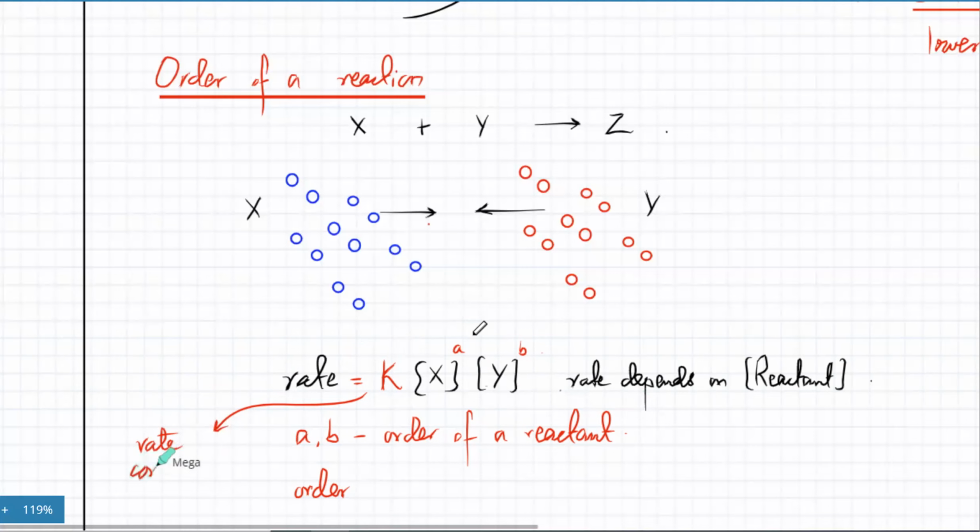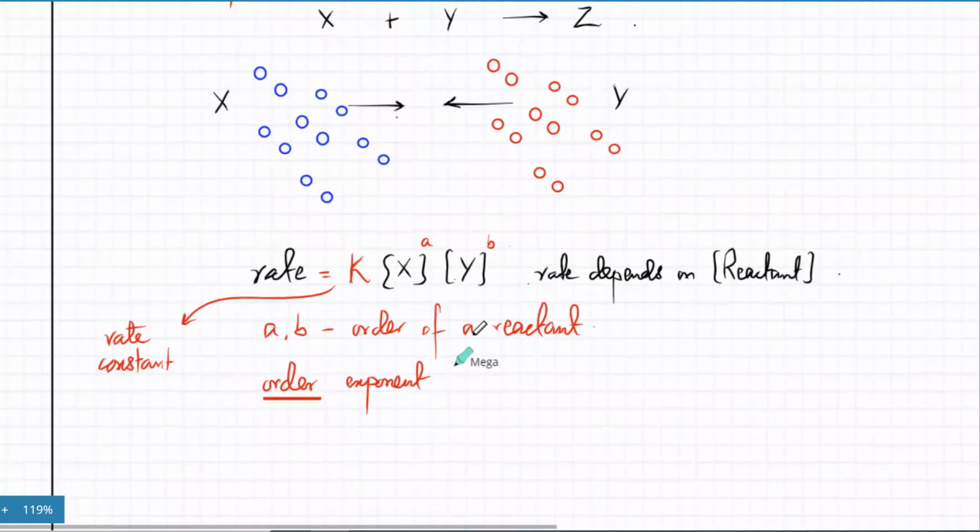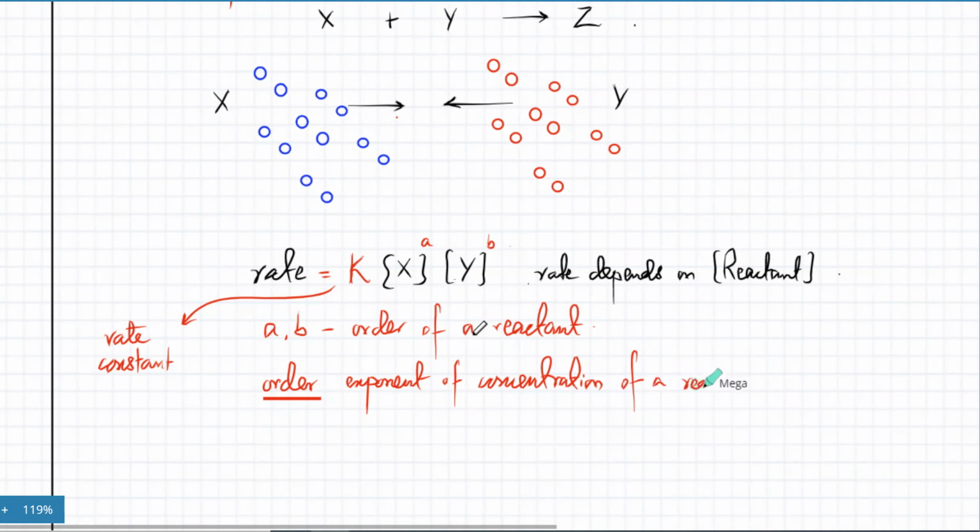This entire thing is known as a rate equation. So coming back to order, what is order? Order is the exponent, or in simple words, the power of the concentration of reactant in a rate equation.